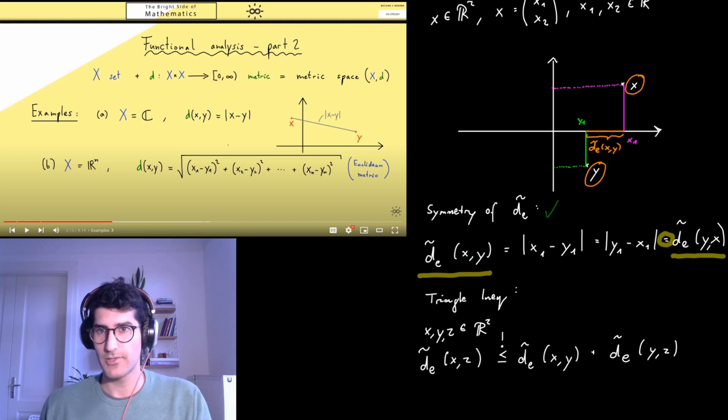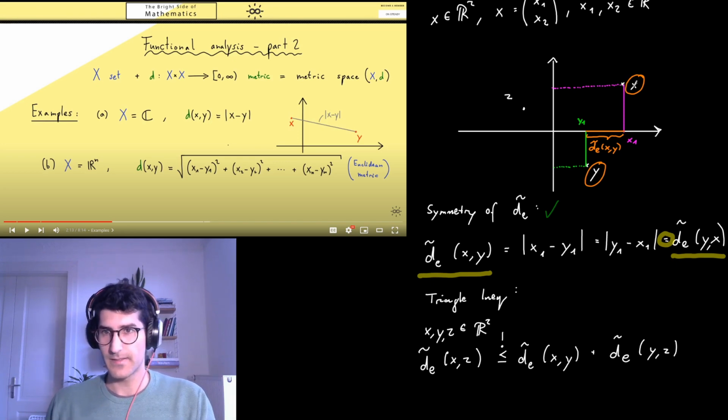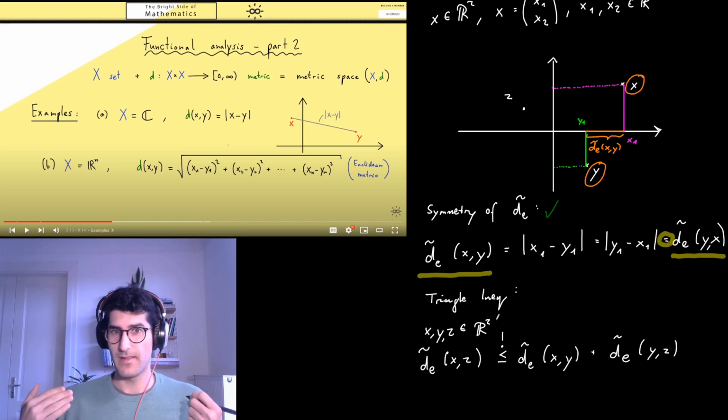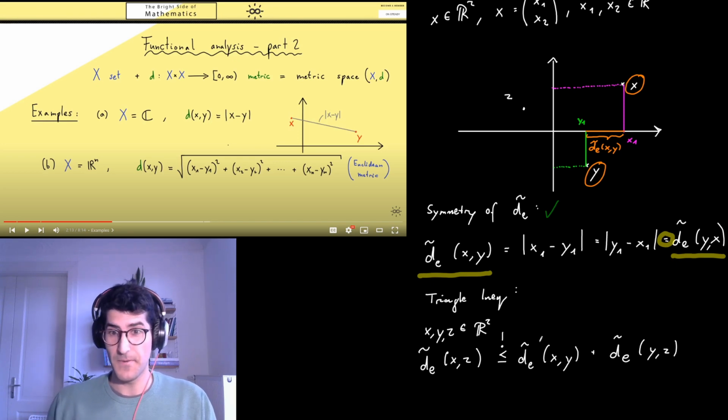Imagine that there would be a third point somewhere here. Let's call it z. Then the triangle inequality tells us the distance from x to z will be less or equal than the distance from x to y and from y to z. So I cannot get a shortcut by taking a detour via a further element. The direct connection should always be the shortest.